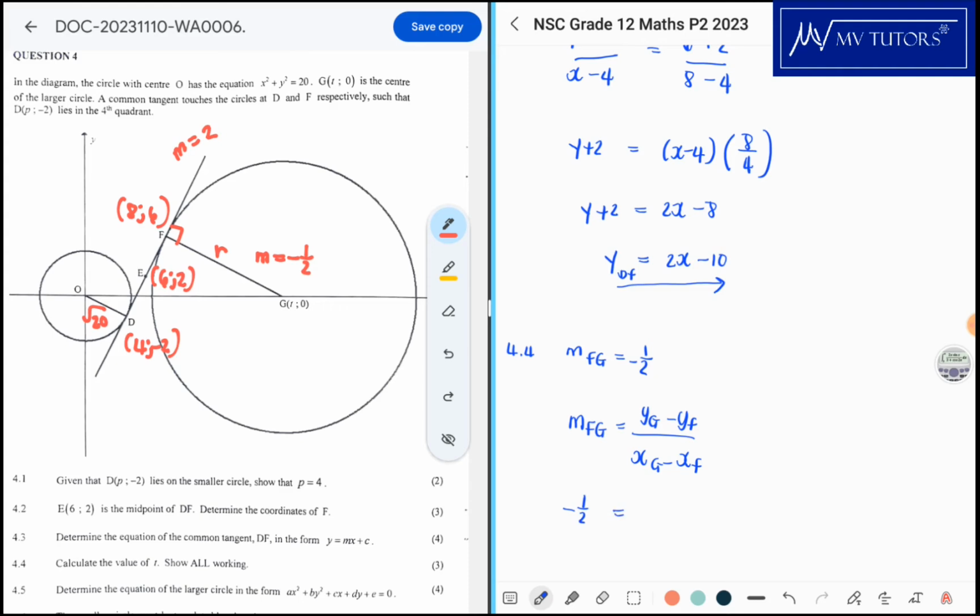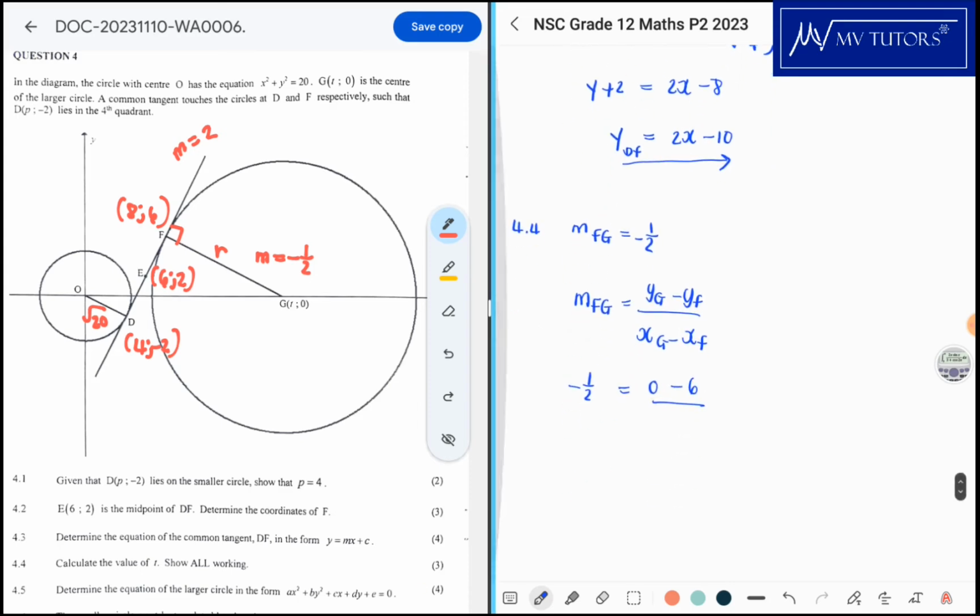Y coordinate of G is 0. Y coordinate of F is 6. The x coordinate for G, that's t. And the x coordinate of F is 8. All right, so then we can say negative a half multiplied by t minus 8 is equal to negative 6.